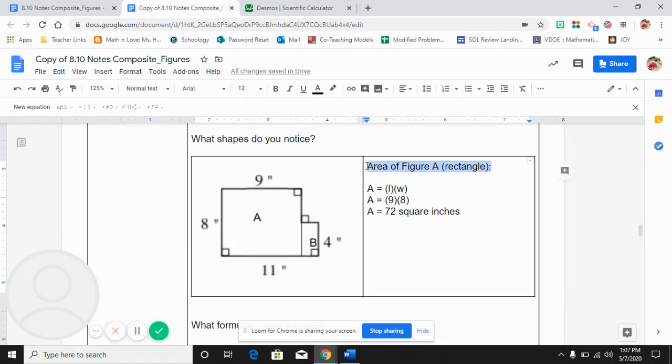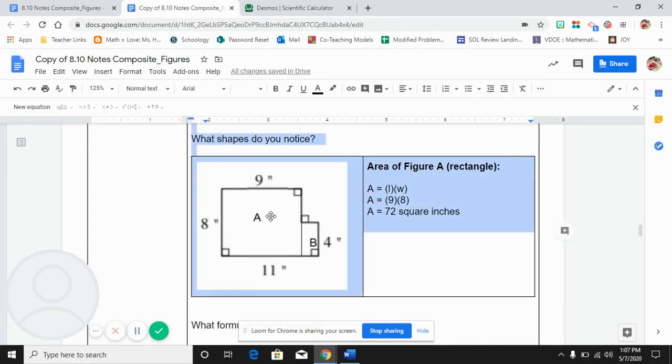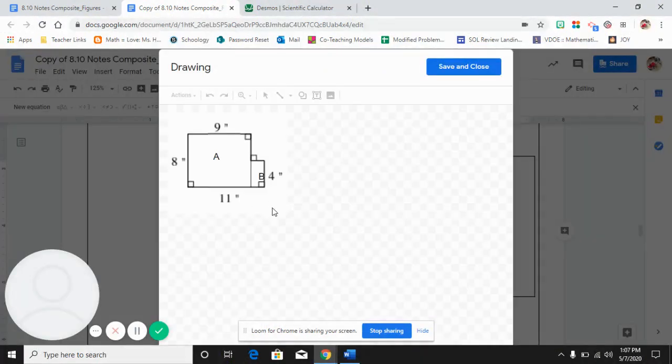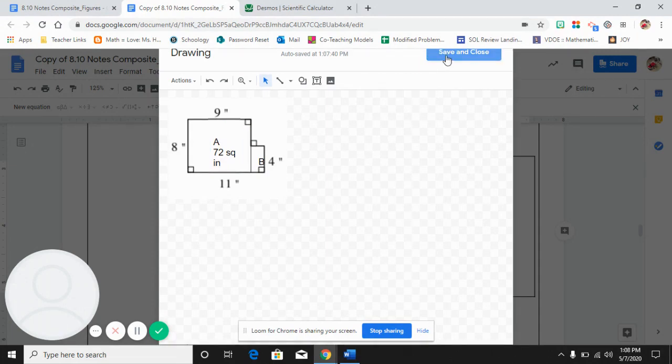Remember, this is just the area of figure A. Okay, and let's actually add that to our picture so that we can kind of keep organized a little bit. Area A is 72 square inches.